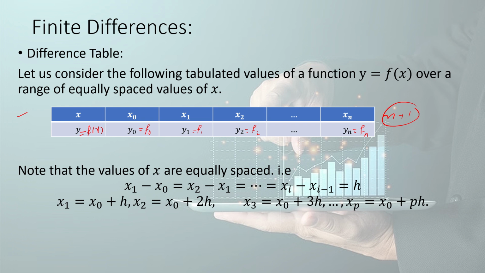So generally we write the pth value of x, or any non-tabulated value of x, as xp is equal to x0 plus ph. Keeping in mind, if this p is an integer, like 0, 1, 2 up to n, we say this xp is tabulated.